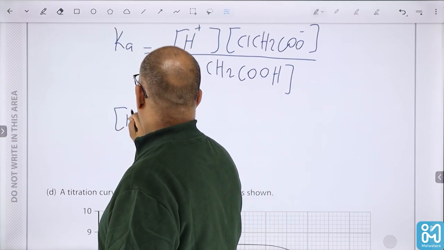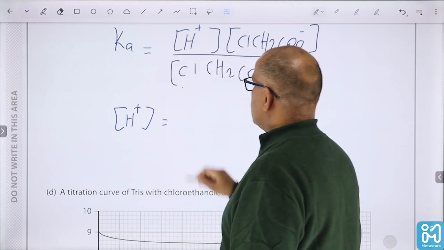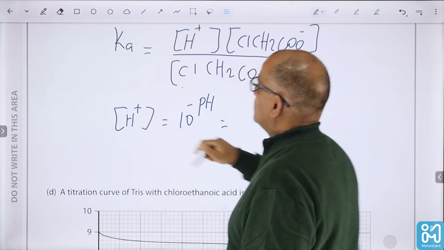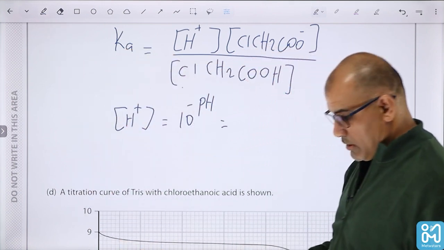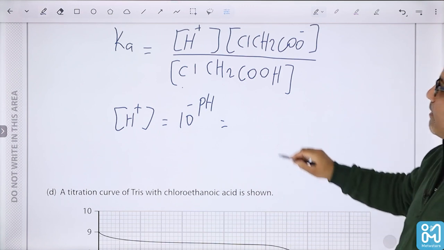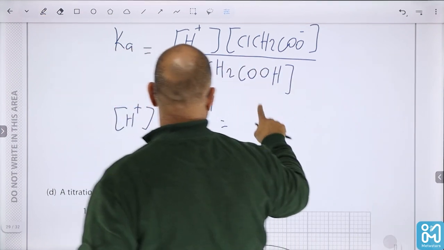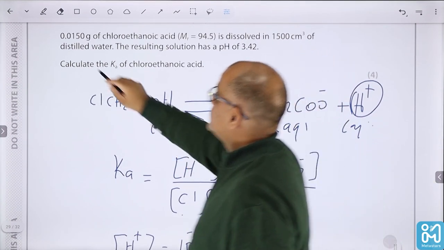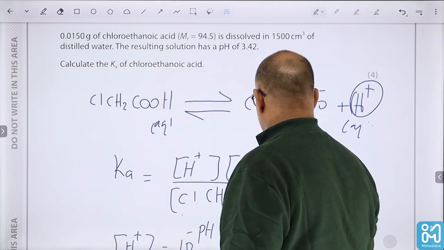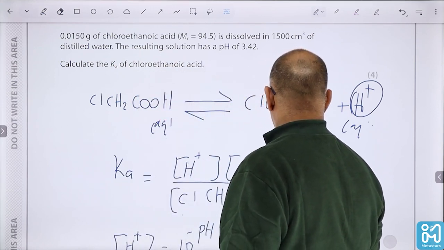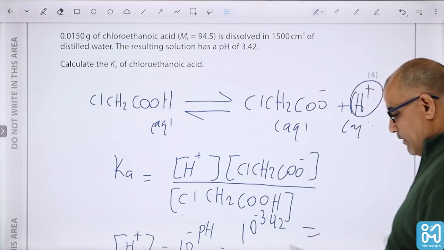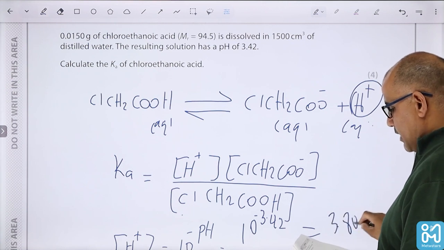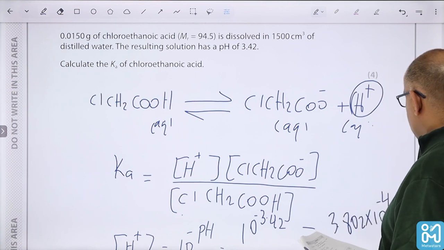The concentration of hydrogen equals 10 to the power negative pH, which is 10 to the power negative 3.42, and this will give us the answer of 3.802 times 10 to the power negative 4.